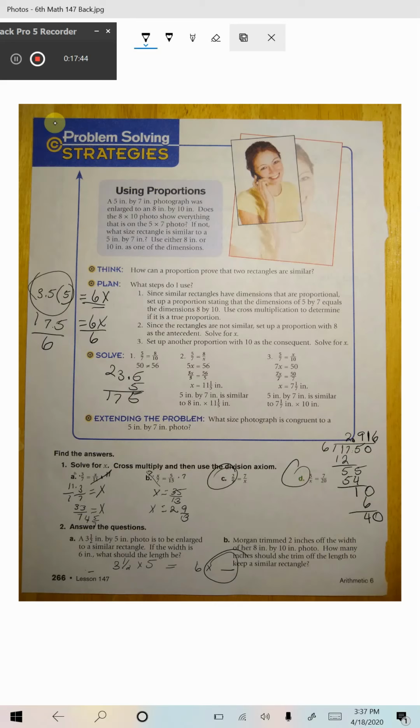So I'm getting a little nervous. But I'm getting 2.92 equals x. Okay? So at that point, if I go back up to the original problem, I want to multiply this 2.92 times the 6.